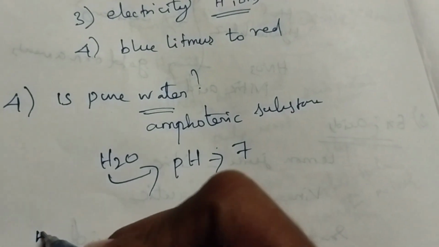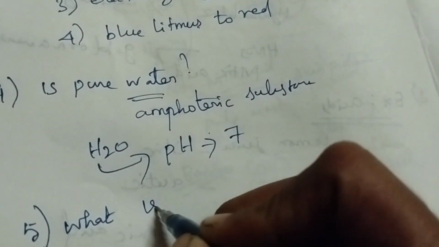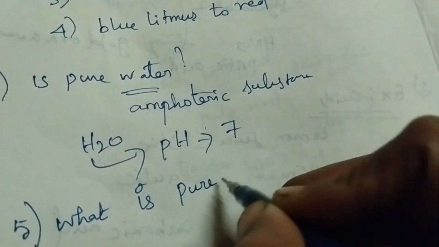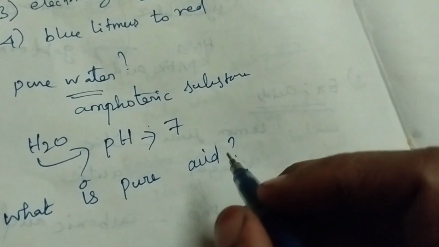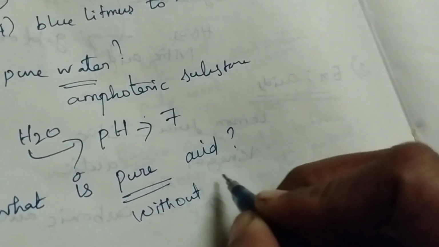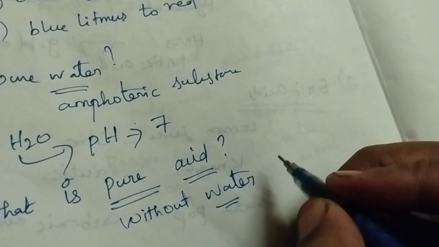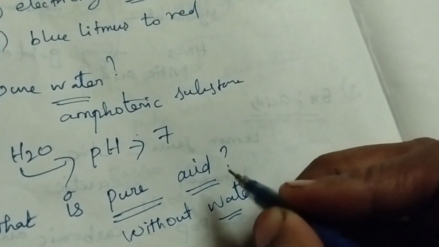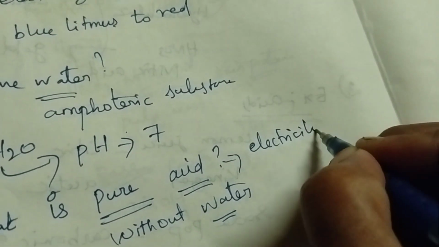Next one is, what is pure acid? Pure acid means acid without water, and that is known as pure acid. And this pure acid without water conducts electricity very poorly.